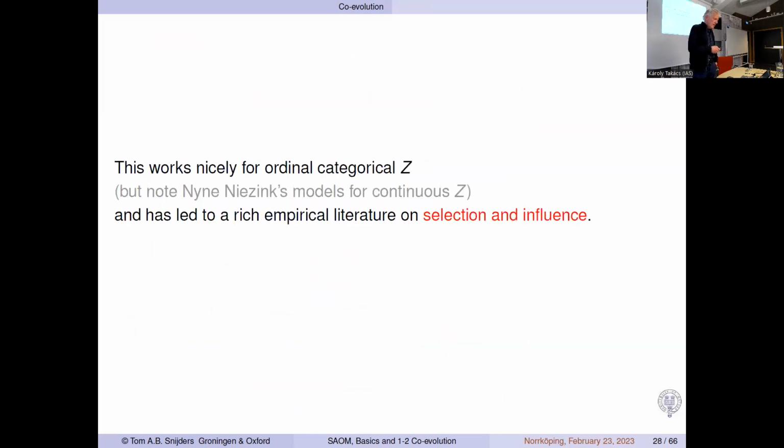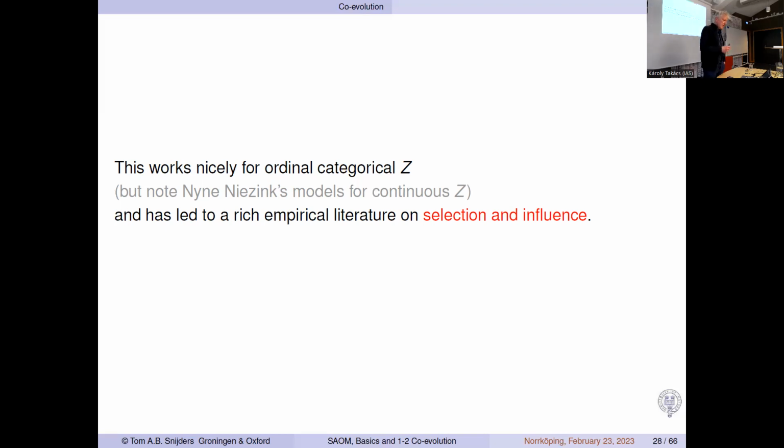Since all this was set up for choices from finite option sets with the multinomial logit, it works very nicely for discrete actor covariates, where the basic idea is that if the discrete actor variable is not only discrete but also has ordinal categories, then the mini-step will be defined as moving up 1 unit or moving down 1 unit in the ordinal scale, if you're not at the extremes. And all that works very nicely.